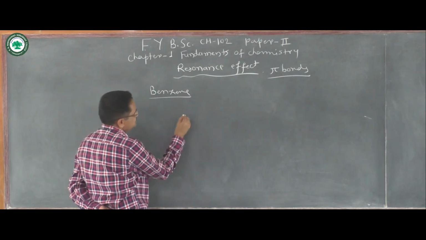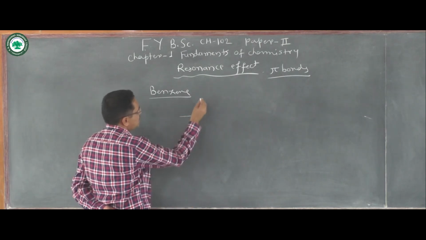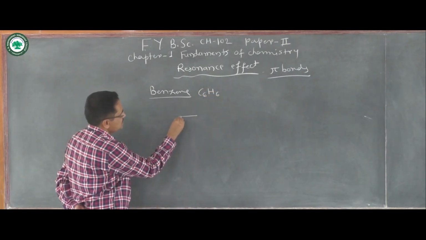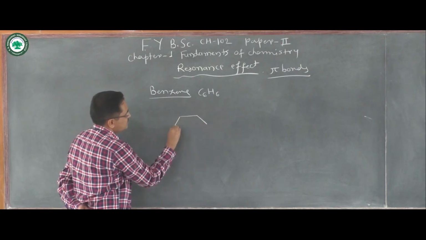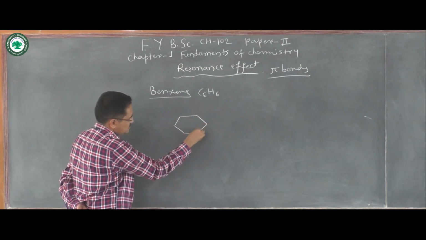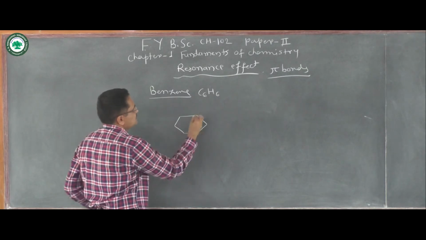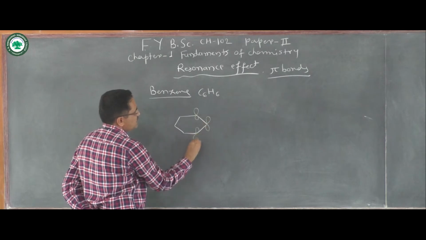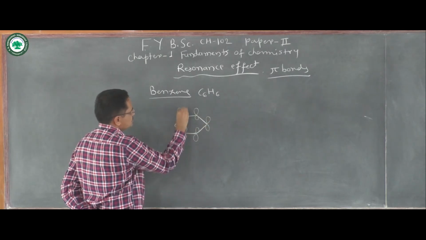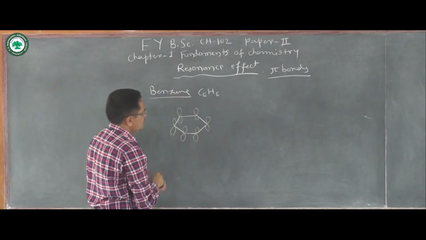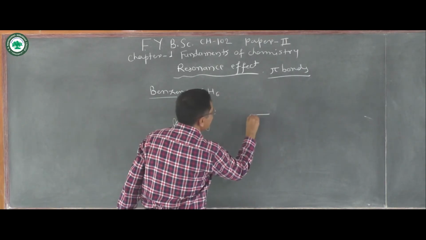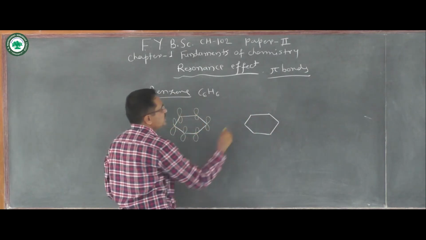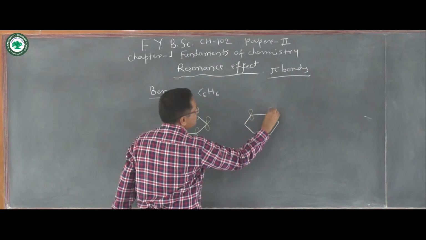Now here the molecular formula of benzene is C6H6, and these are the unhybridized 2pz atomic orbitals. Now there are two possibilities of overlapping of these 2pz unhybridized atomic orbitals.